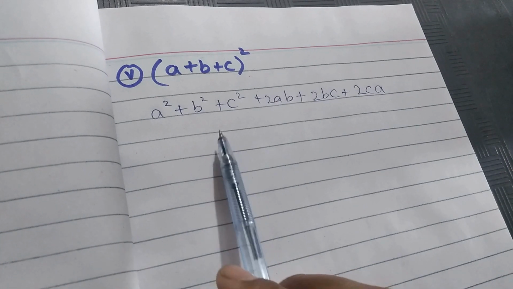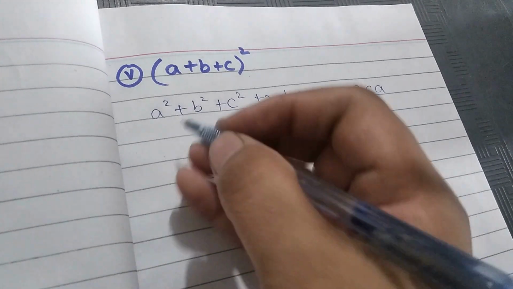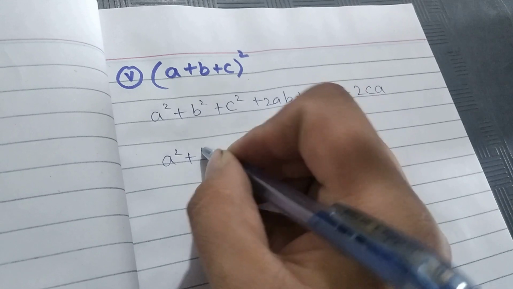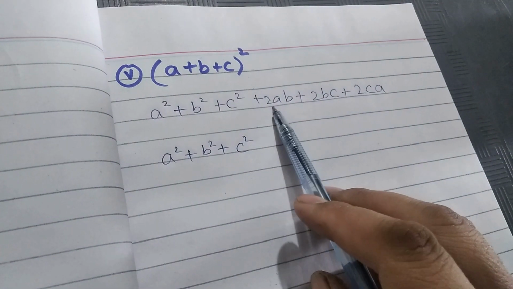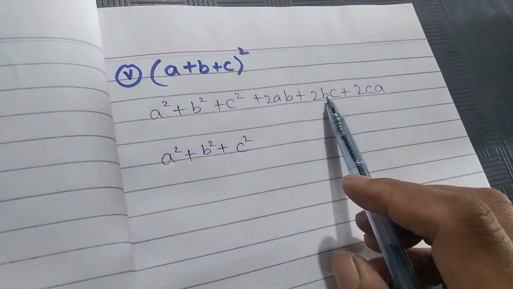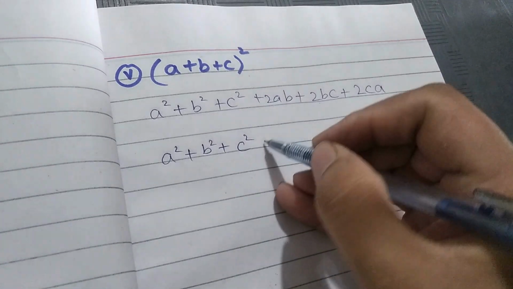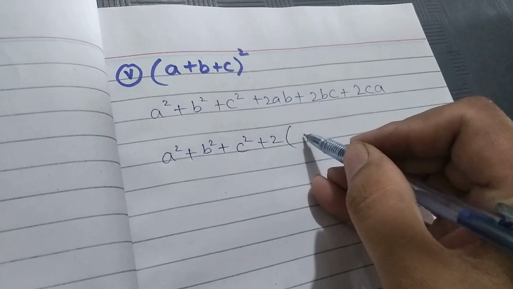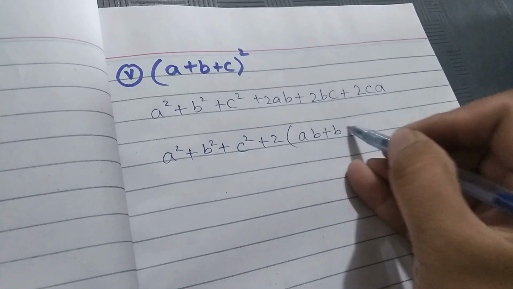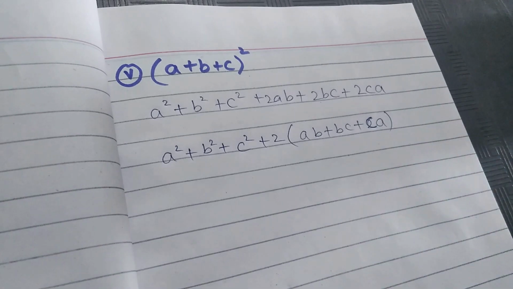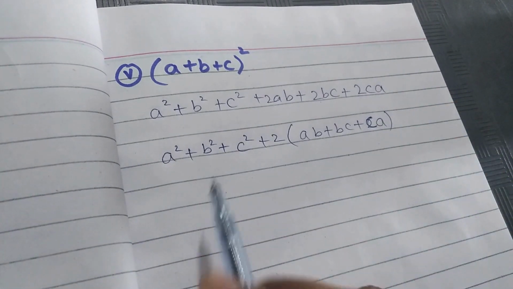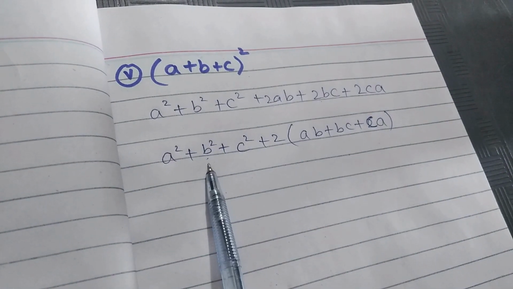We will open this. Then a square plus b square plus c square, plus 2 common, remaining is ab plus bc plus ca. It's your proof.